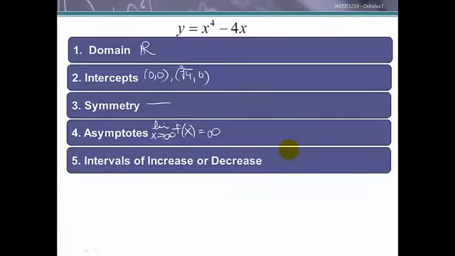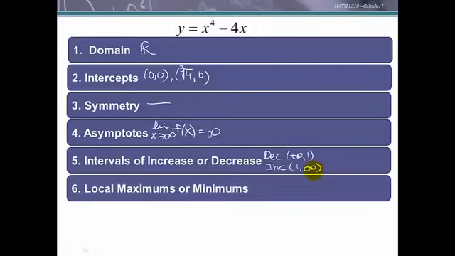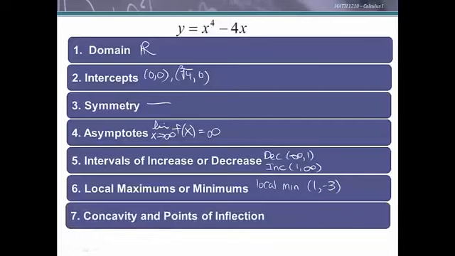Looking for our intervals of increase or decrease, we saw that it was going to be decreasing from negative infinity to 1, and then it was going to be increasing from 1 to infinity. Our local maxes or local mins, we found out that there was a local minimum at the point 1, negative 3. And our concavity, we found out it was concave up everywhere.